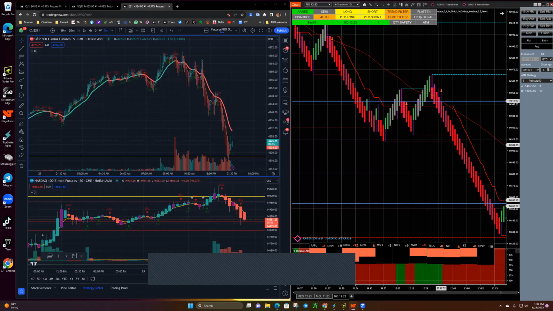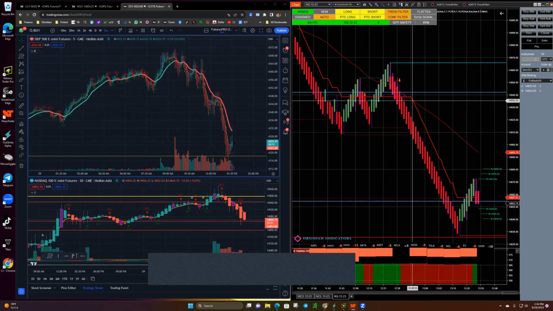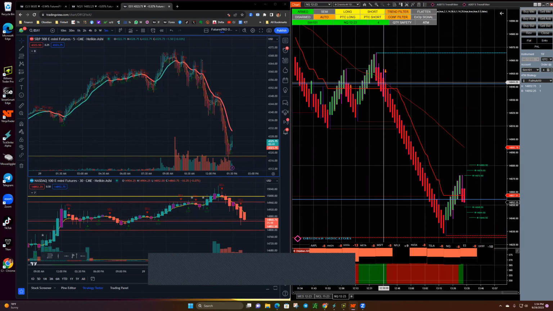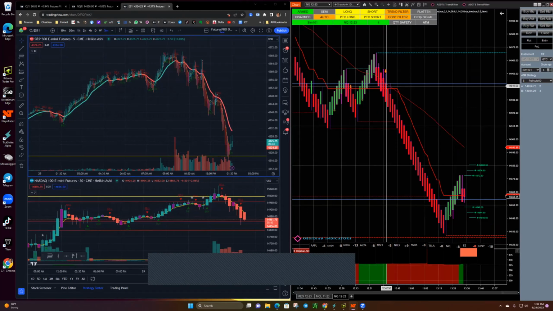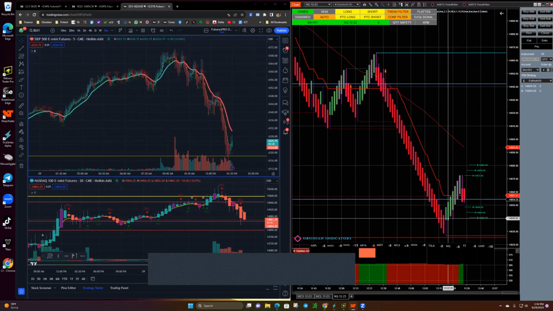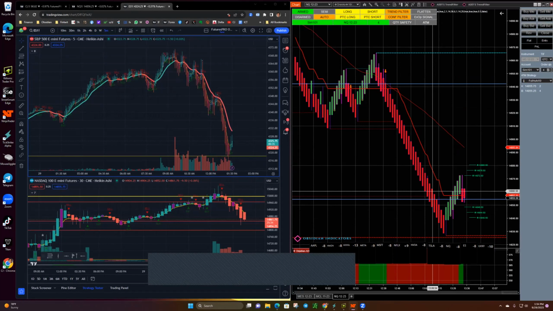So you would have ended up flat to a slight loss before you capture this huge move. Where did it enter? This one entered at around 940 or so, and you would have exited around 840. So that's a 100-point move. That's a 400 tick win that you would have had in a Renko setup.